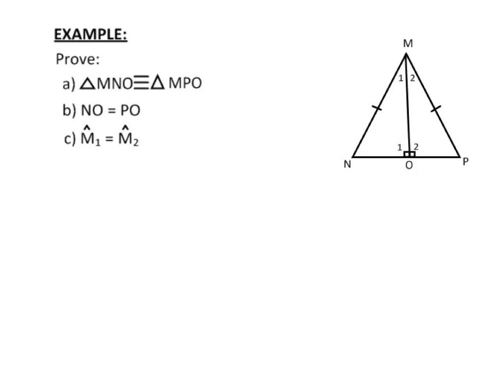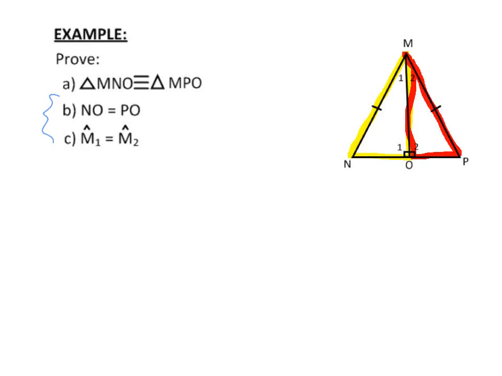So in this example, we're going to prove 3 things, because I want to just touch on proving something from congruency. But the first thing we're asked to do is prove that triangle MNO is congruent to triangle MPO. Let's mark off our triangles. MNO, that triangle, is congruent to this triangle here. Okay, and we see that they're both right angle triangles.